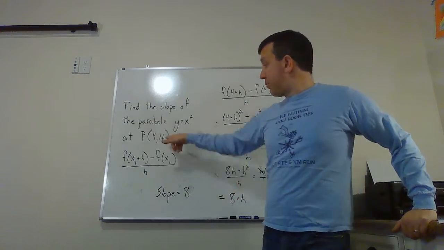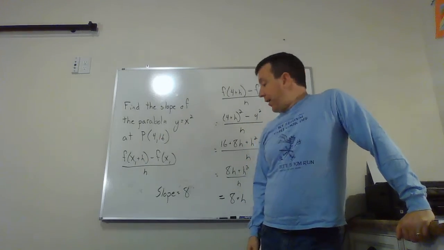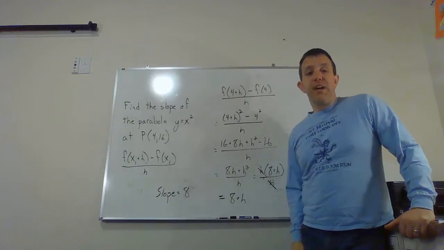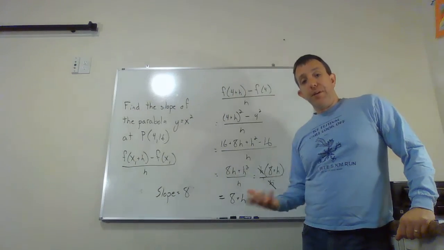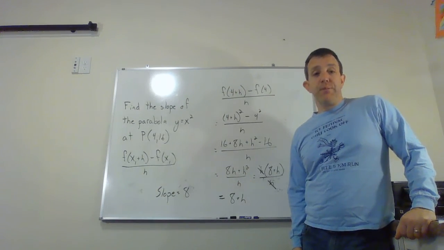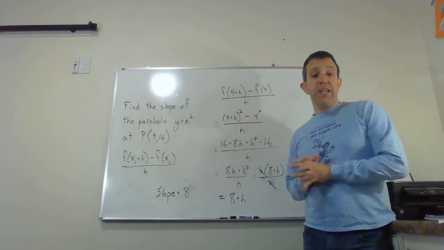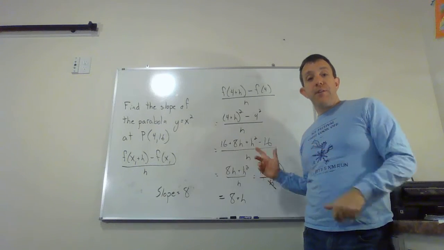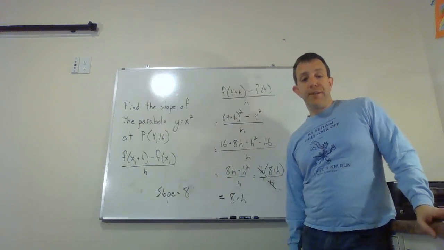That little difference to where we started. And so basically we're driving h down to 0. And so once we get here, we just say, all right, let's let h be 0. And if h is 0, our slope is just the 8.